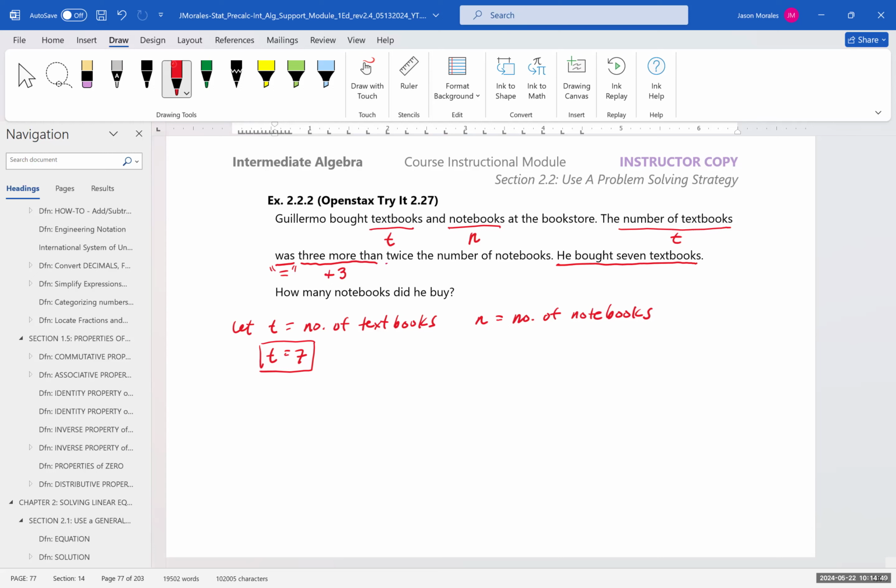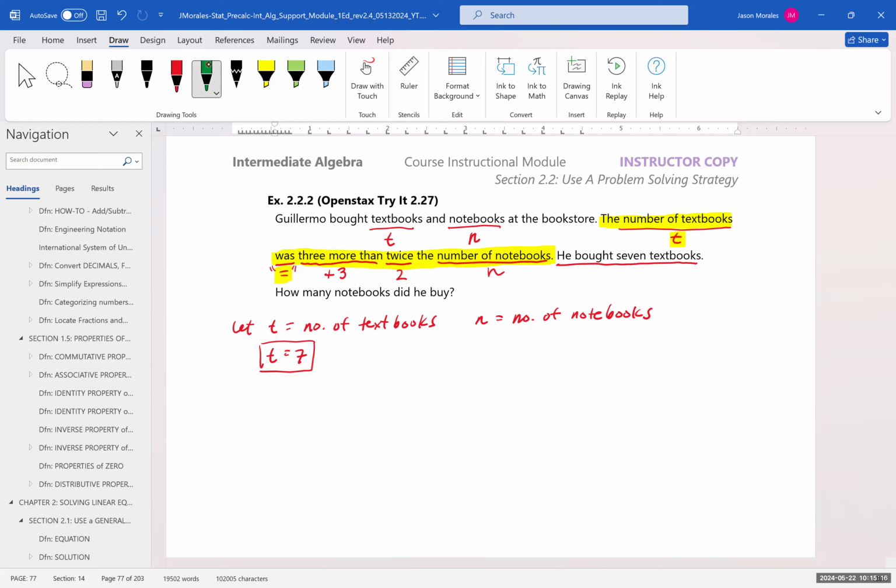So 3 more than twice, which is 2, the number of notebooks, N. So what we're getting here is an equation in this sentence that's equating T being equal to twice the number of notebooks plus 3.